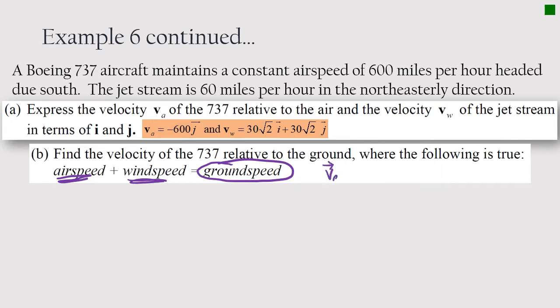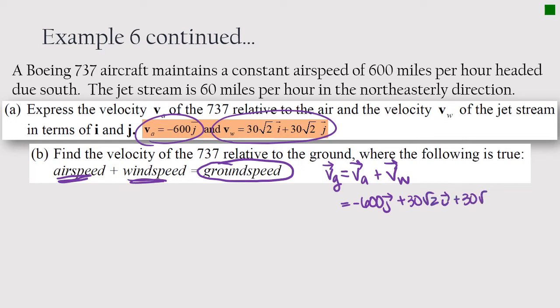So we'll call it the vector for the ground speed. That's going to be adding the airspeed vector, which we found was this, plus the wind speed vector, which we found was this. So that's negative 600j plus 30 root 2i plus 30 root 2j. If I add these together, I'm going to write the i component first, so 30 root 2i.